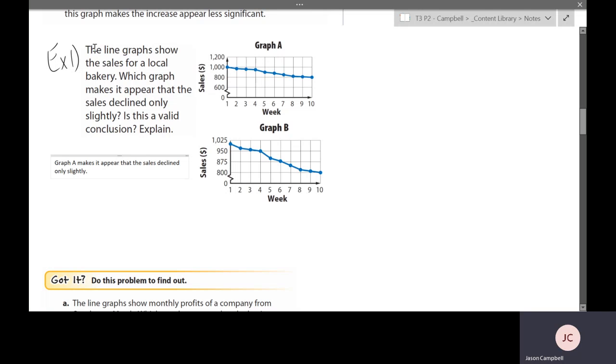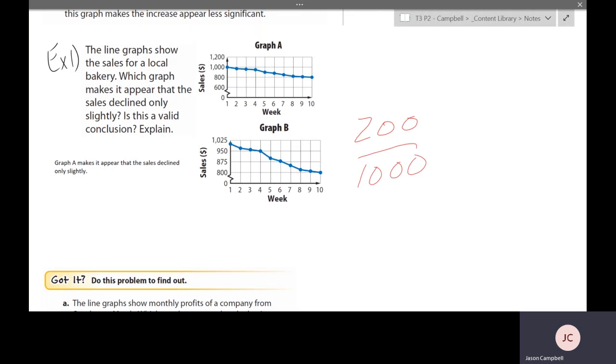Is this a valid conclusion? Explain. Well, we dropped from about 1,000 to about 800. So 800 over 1,000. So we dropped $200 out of 1,000 is where we started. Well, that's the same as 2 over 10, which is the same as 20%.